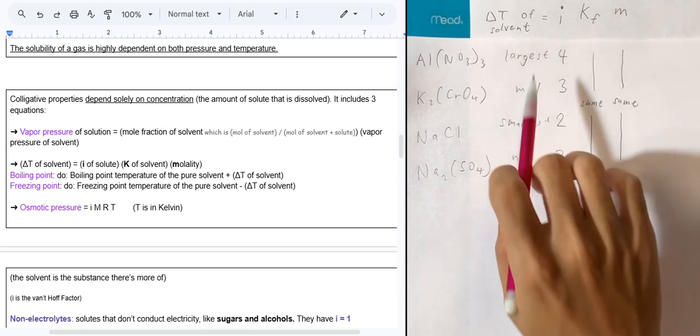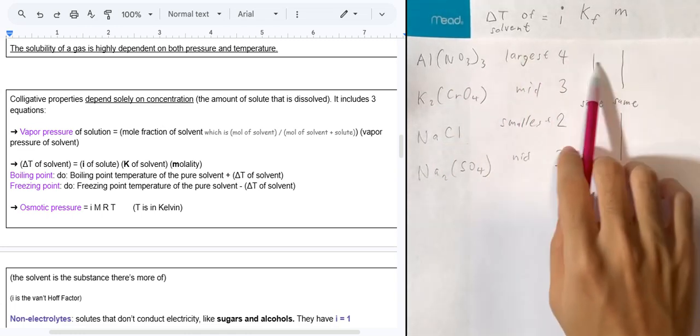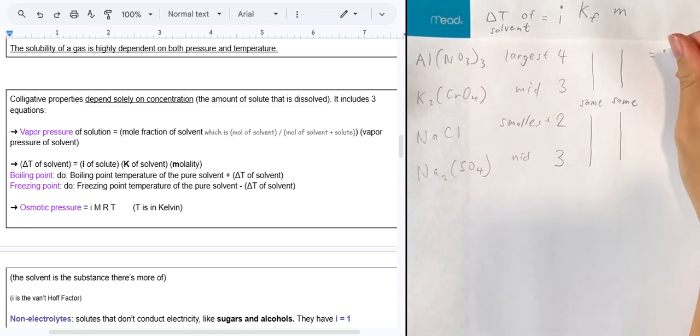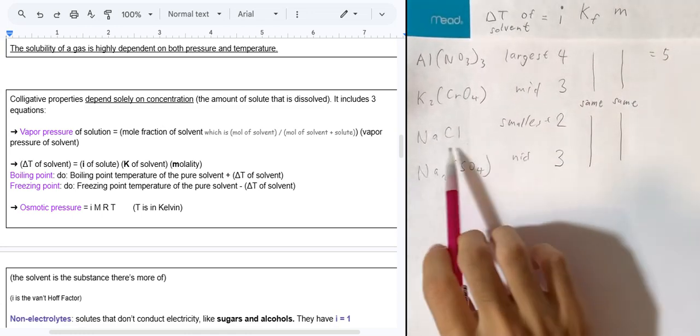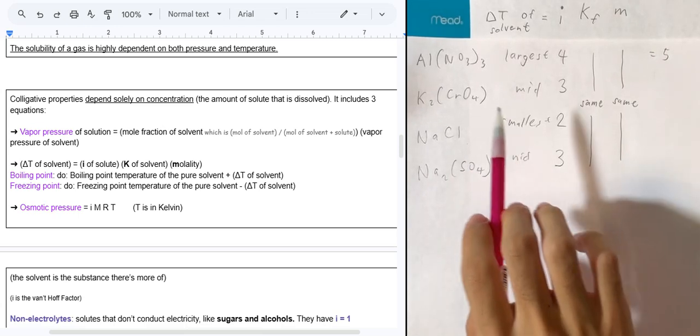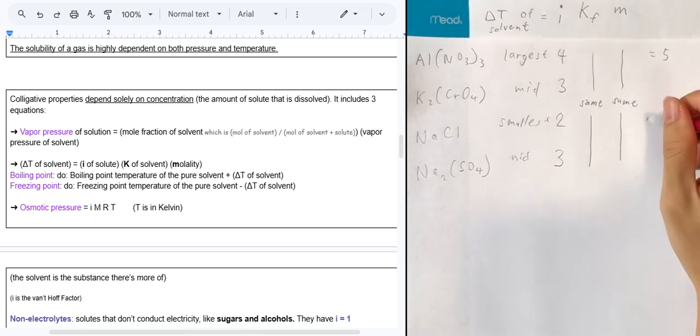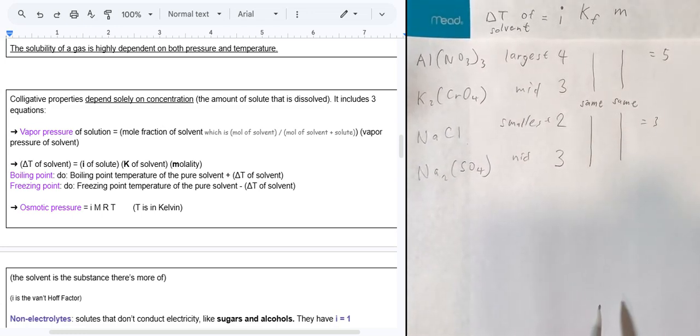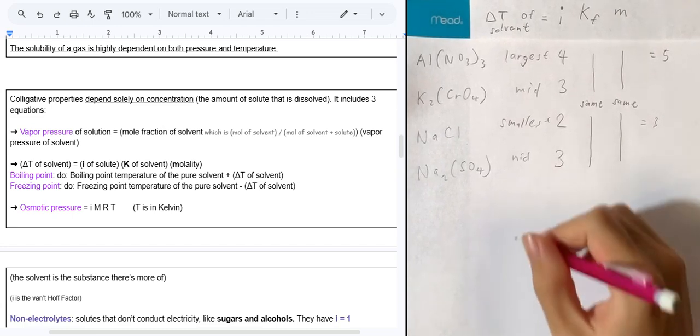Let's say, for example, that we don't know this, but let's say the calculated was 5. And let's say the calculated change of solvent from this is 3, just as an example. And let's say the freezing point temperature of the pure solvent is 10, right?